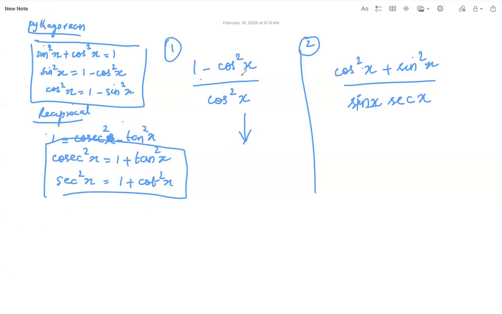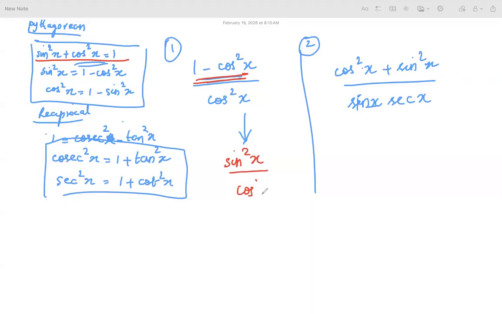I can help Krish. 1 minus cos square x is what, Krish, here? It is clearly sine square x. Make sense? Divided by cos square x, which becomes tan square x. That's it. Similarly, this one is the culprit, I don't want to have it like this.